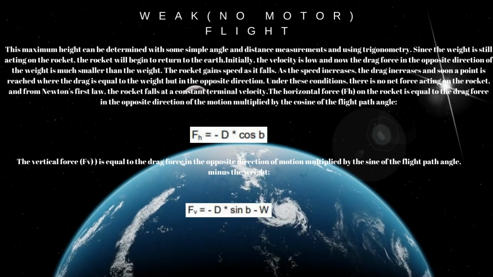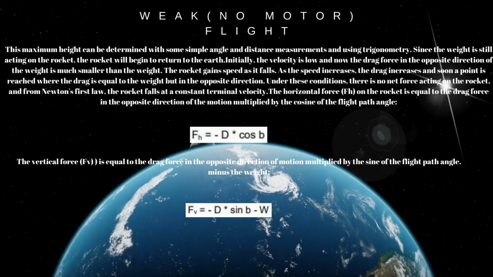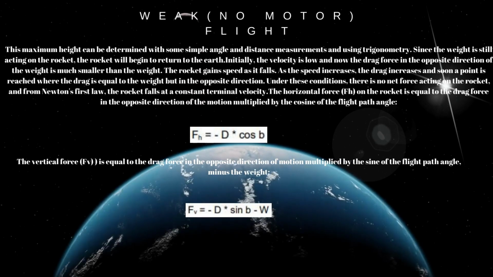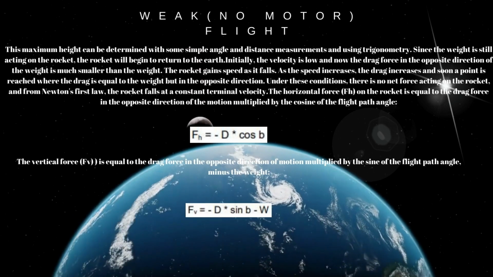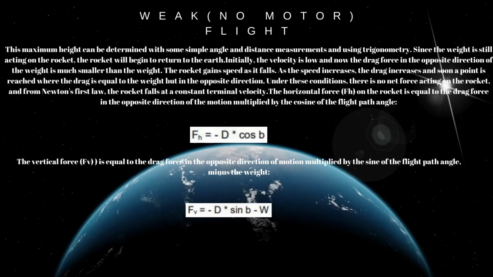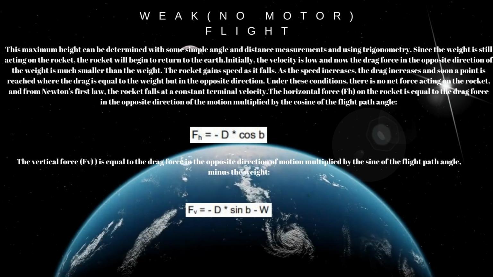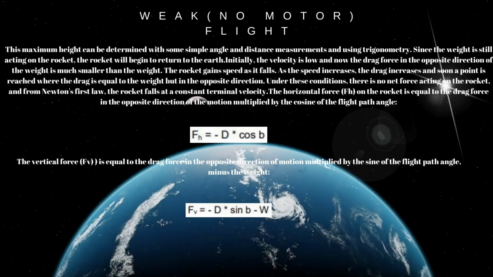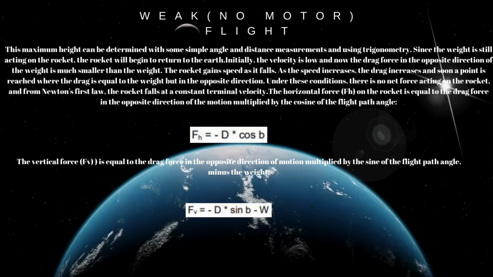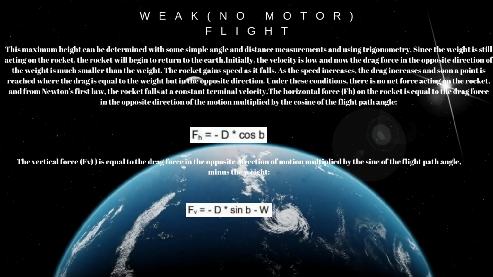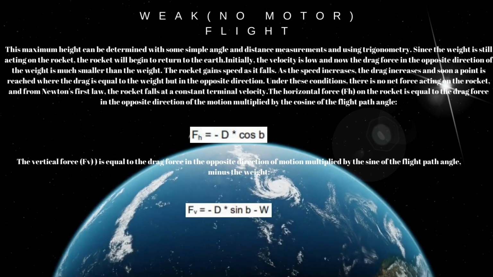As the speed increases, drag increases and soon a point is reached where the drag is equal to the weight but in the opposite direction. Under these conditions, there is no net force acting on the rocket, and from Newton's first law, the rocket falls at a constant terminal velocity.